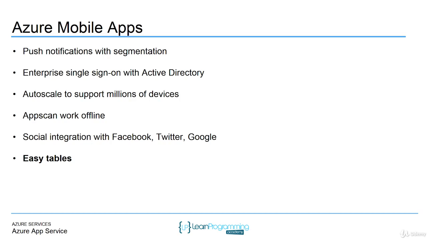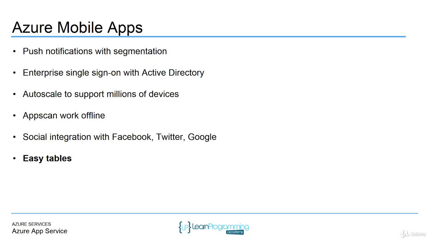We can add, for example, push notifications with user segmentation to our applications. We can add enterprise single sign-on with Azure Active Directory. We can easily auto-scale or manually scale our applications to support millions of devices with very high reliability of the application services.